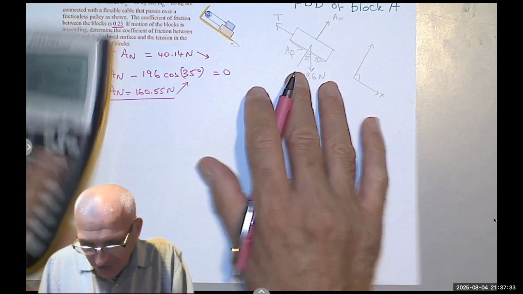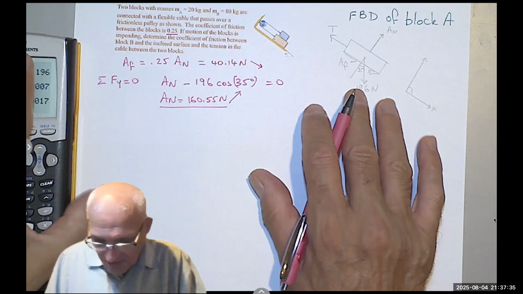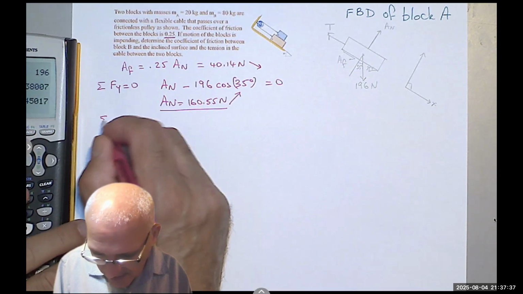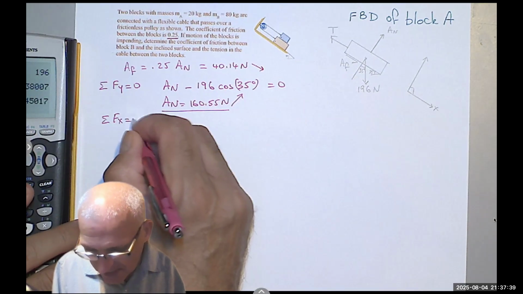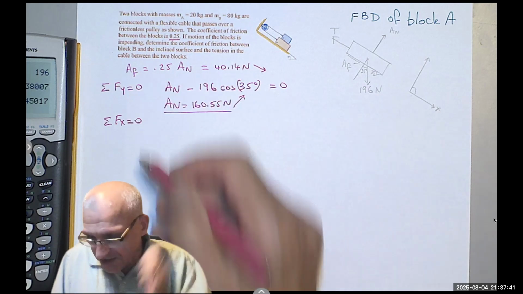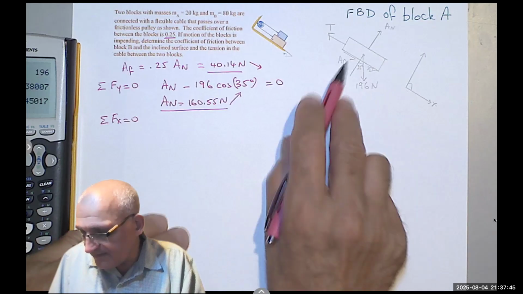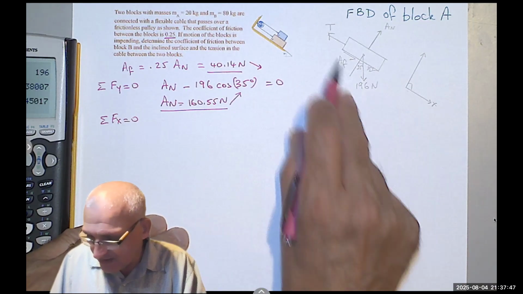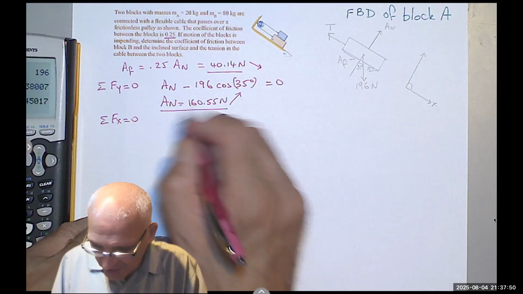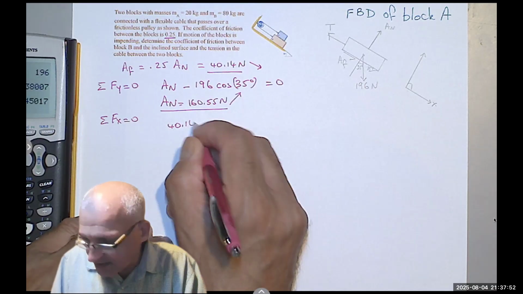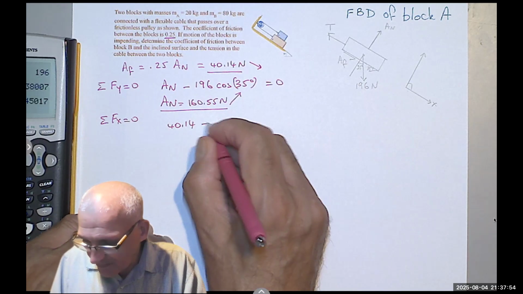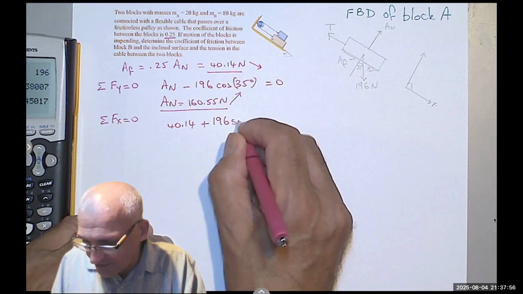And finally, I do the summation of the forces along the x-axis, equating it to 0. You see 3 equations in 3 unknowns. So now I have, in this direction, A sub F, which is the 40.14, plus 196 sine 35.